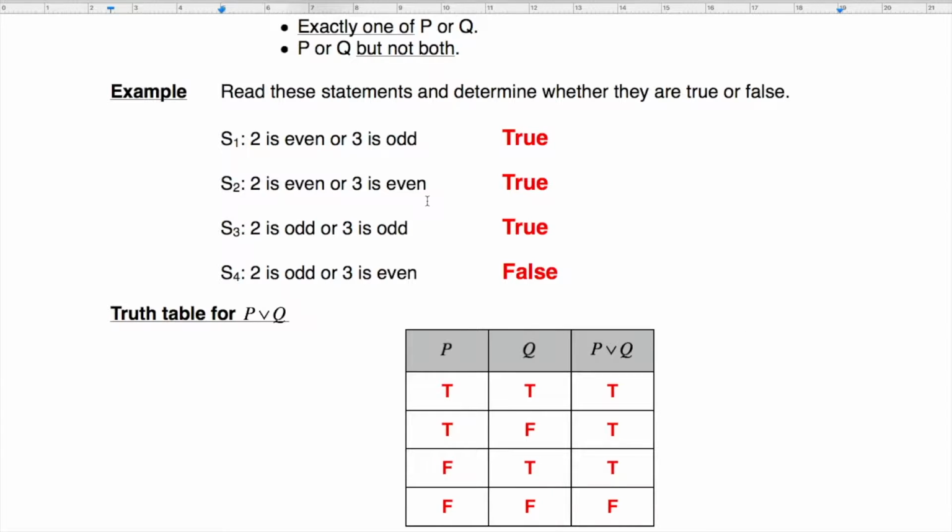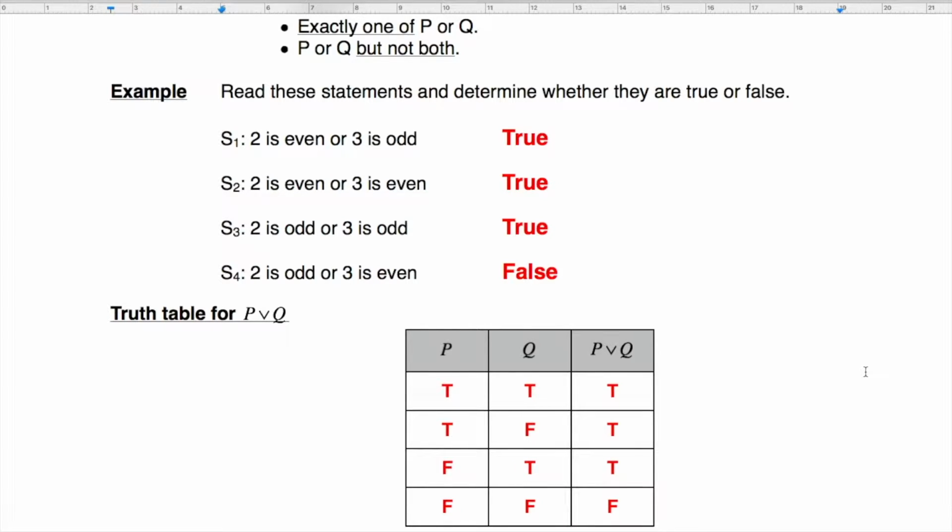Now, 3 is even is false, but given that 2 is even is true, we can say that S sub 2 is true. It's an or, it's not an and. S sub 3: 2 is odd or 3 is odd. Given that 3 is odd is true, S sub 3 is true. And finally, S sub 4: 2 is odd or 3 is even. There's nothing to save here. 2 is odd is false, 3 is even is false as well, so the statement S sub 4 is false.